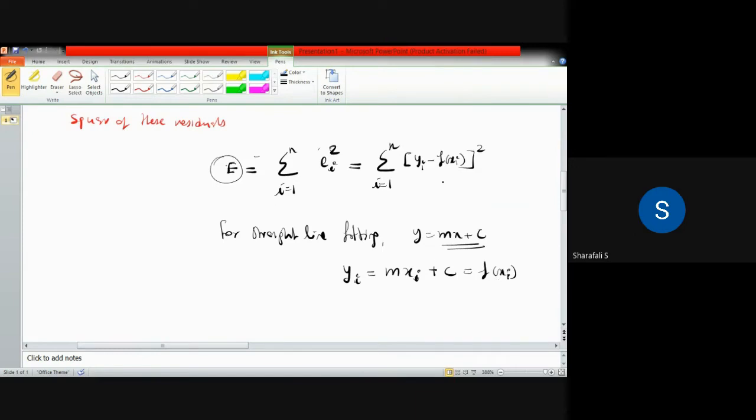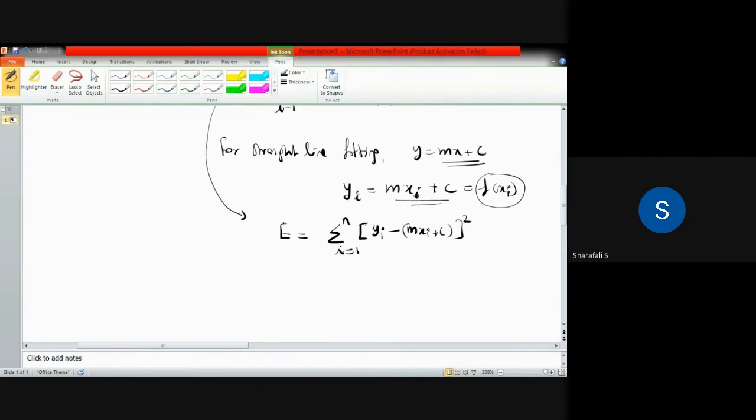If you consider E again, what will E be now? Because your f of xi is mxi plus c, if you substitute that, then E will be equal to sigma i equal to 1 to n of yi minus f of xi, which becomes mxi plus c, and the square of this we have to consider.